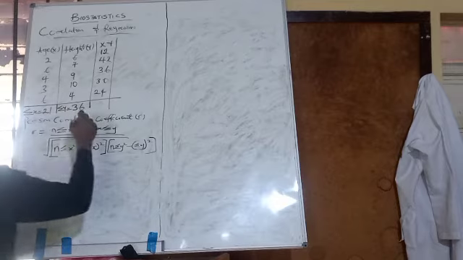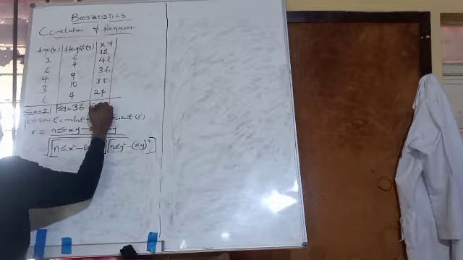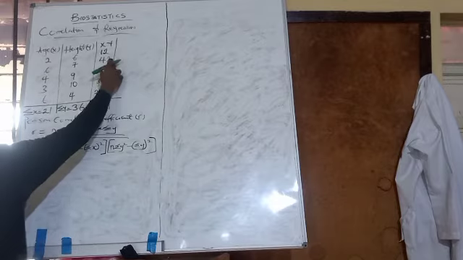Then we compute sigma sy. Sigma sy is going to be 12 plus 42 plus 36 plus 30 plus 24.